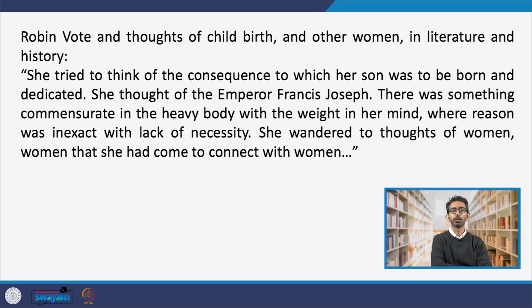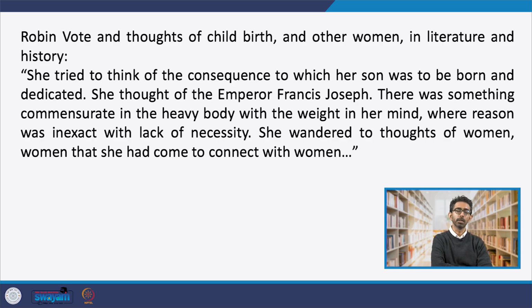Before we get to that, we will read through this passage, just before Robin is about to give birth to a child. As she is dragged through this marriage and pregnancy that she had very little consent in, she experiences something, and the narrator describes this experience. It's an intellectual, spiritual, and emotional experience. And this is how the narrator describes it.